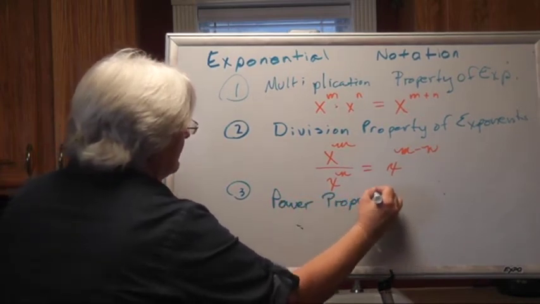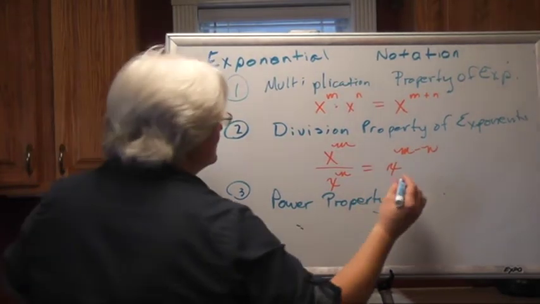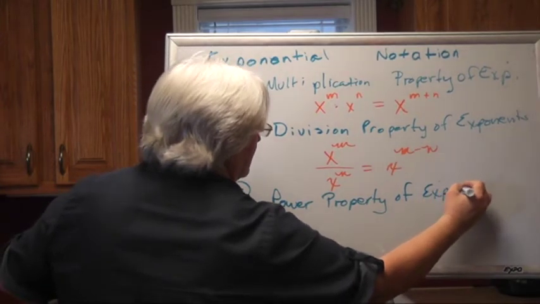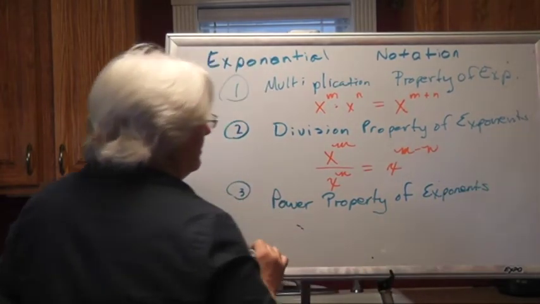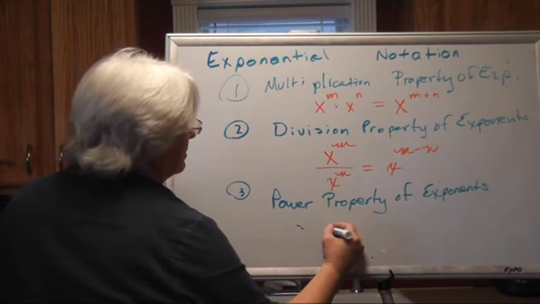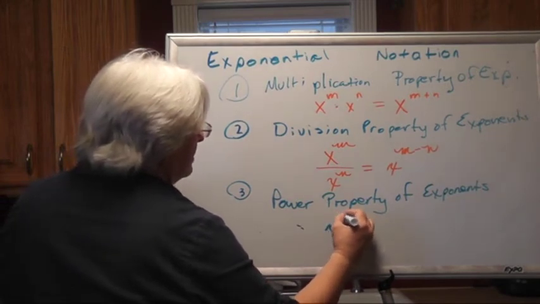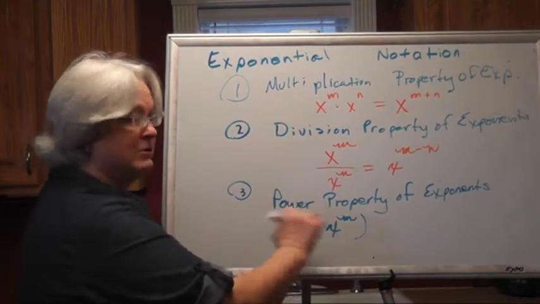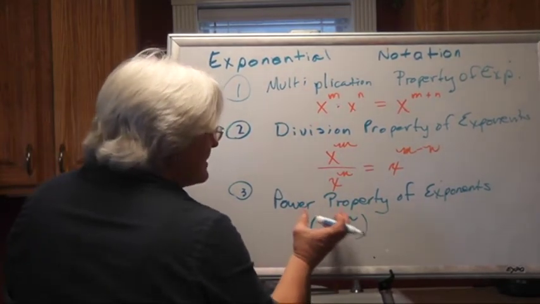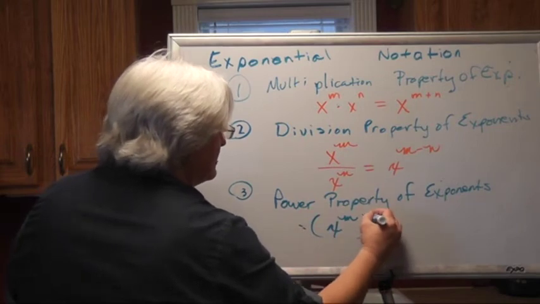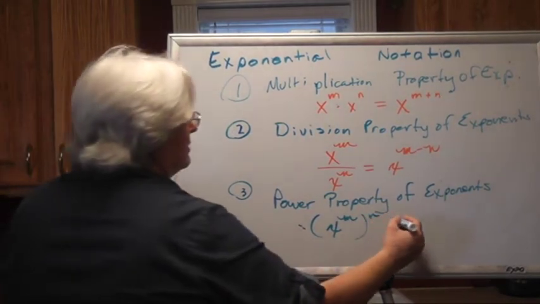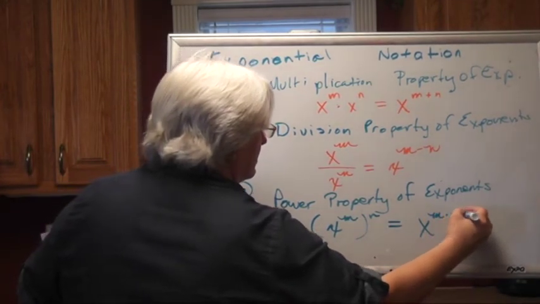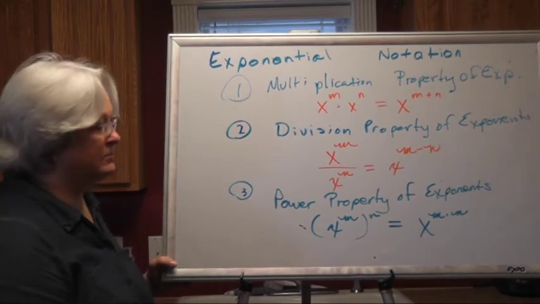These are some of the absolutely most essential properties that you will need to be able to work with in your algebra. This says if you have an exponential that consists of a base raised to a power, and everything inside that is raised to a power, you keep the base, and you multiply the exponents.